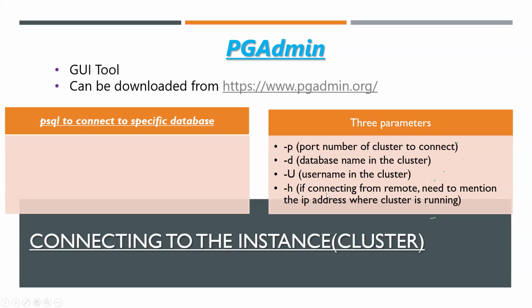And -h is for connecting from remote. If your cluster is created on a remote server and you are trying to access it from somewhere else, you need to pass -h along with the server name or IP address.